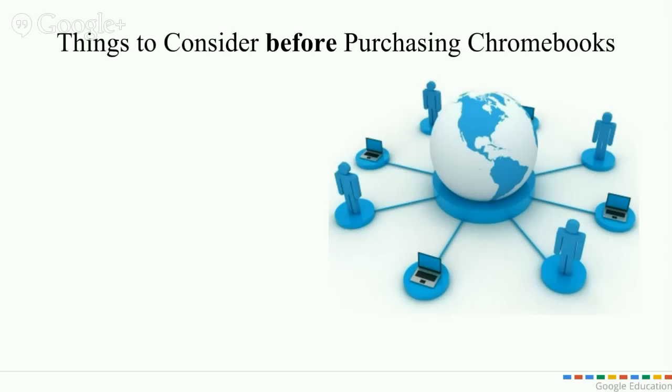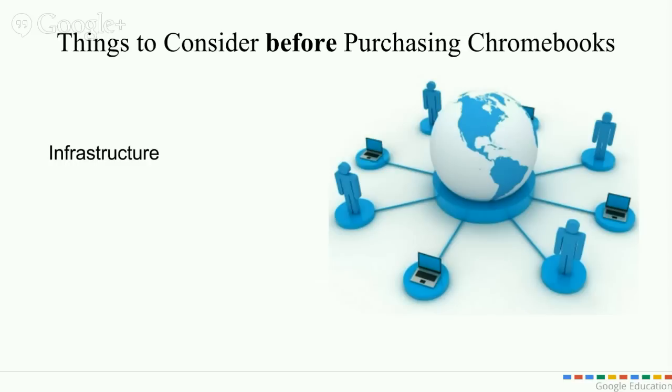Before we deployed Chromebooks, there were a number of things that we needed to consider. The first thing that I considered was our infrastructure, primarily two pieces of our infrastructure. First was our WAN link. At this time, we had a 15 megabytes per second WAN link.